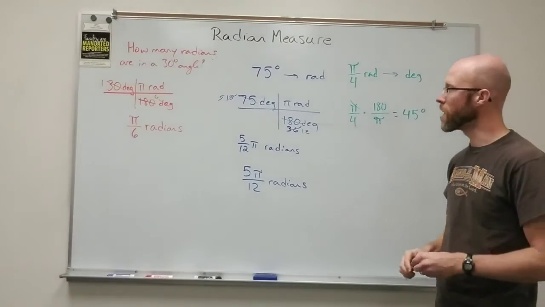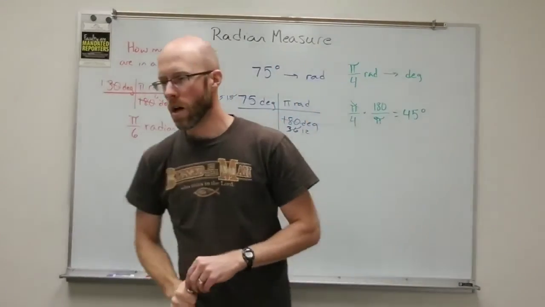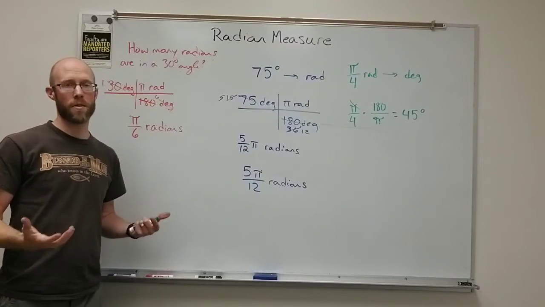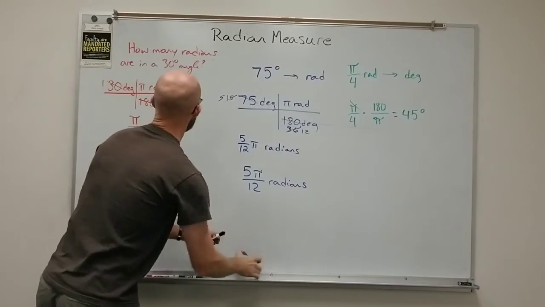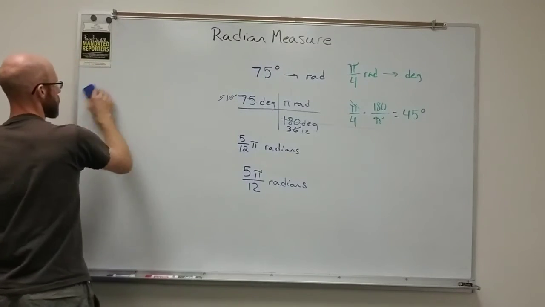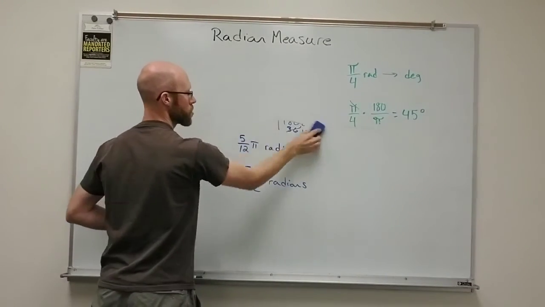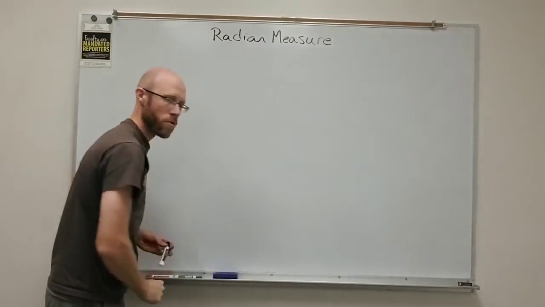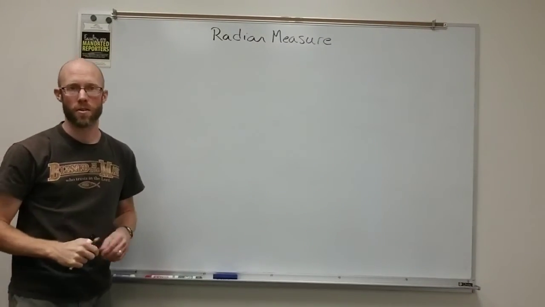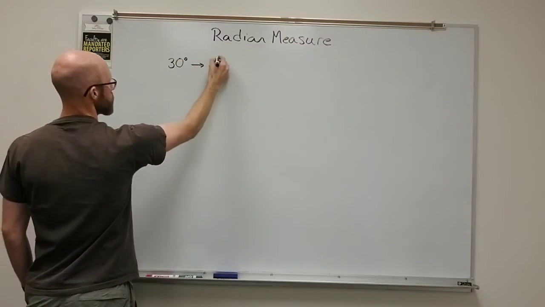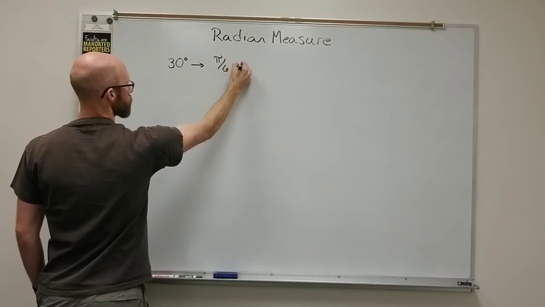There are some very, very important angle conversions that you're going to need to know, pretty much have them memorized. I'll write a few of them up. We just saw a couple of them. And they come from our two special triangles. So your 30s, 45s, 60s, and 90s. A 30 degree angle is the same as pi over 6 radians.